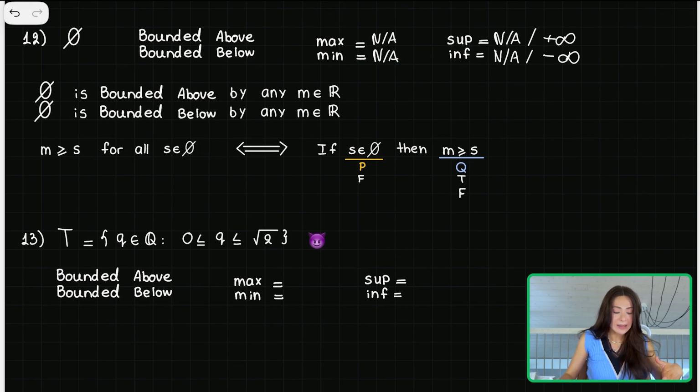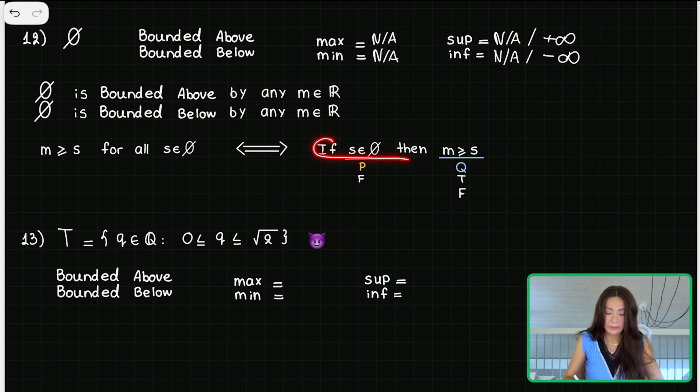Okay, now let's talk about why, and the same exact argument applies to the bounded below part. When we say that this set, which happens to be the empty set, is bounded above, we are saying that there is some number m on the number line that is greater than or equal to the members of this set, where s is an arbitrary representative member. The equivalent statement is: if s is in this empty set, then m is greater than or equal to s.